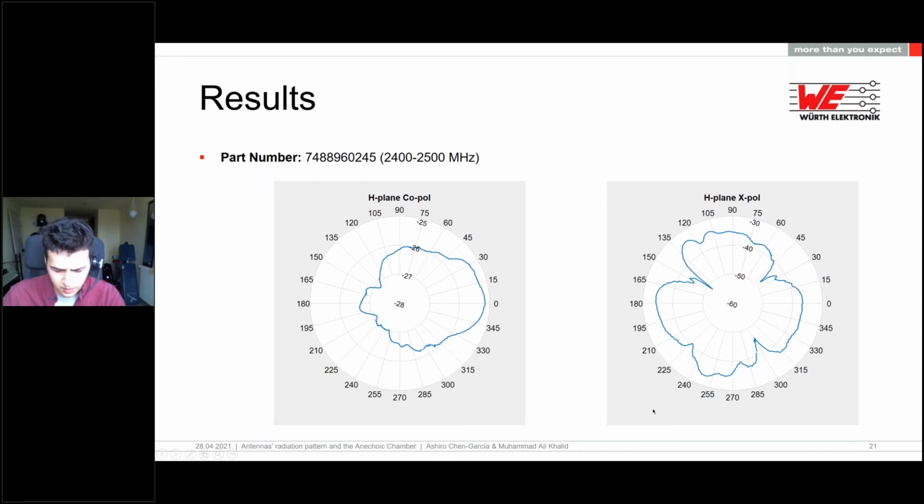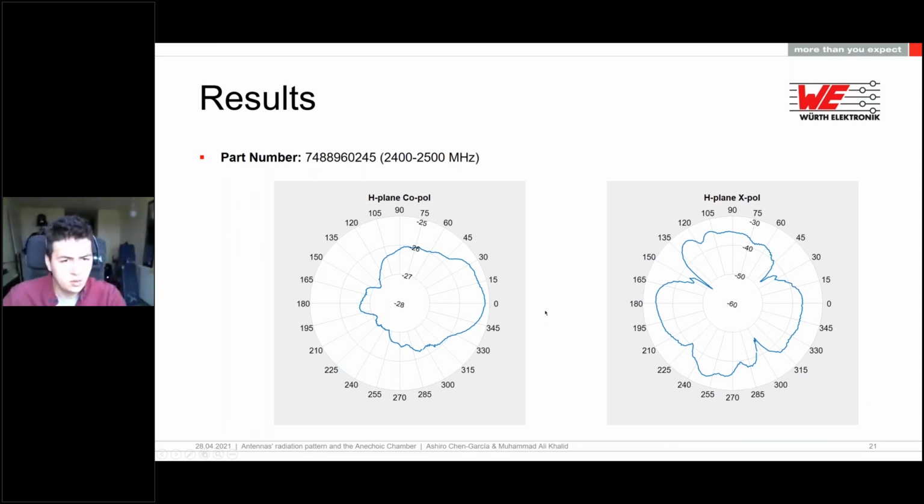Here we can see the H plane on the left side, and both the copolarization and the cross polarization. As you can see, we have around 30 dB difference between the copole and the cross pole, which means it is a really good antenna, because the cross pole in this case quantifies how much the antenna radiates in undesired directions.